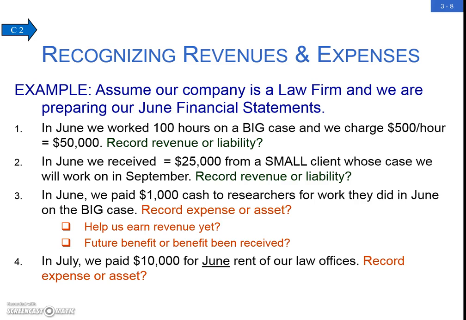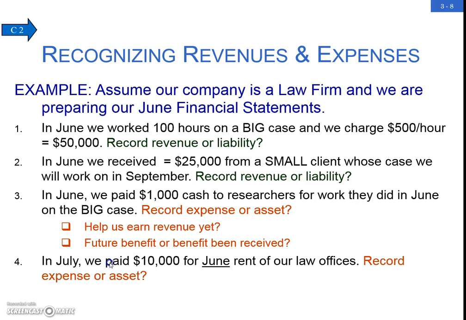And yes, of course, we would have used up all the value of this back in June, right? So we would take an expense for $10,000, right? When we pay our rent for last month, we're obviously not getting something that's going to benefit us in the future. We've already used up that $10,000 worth of rent the month prior.